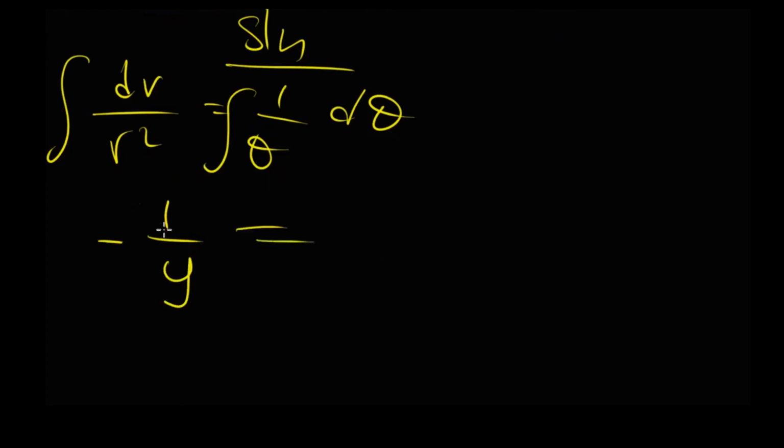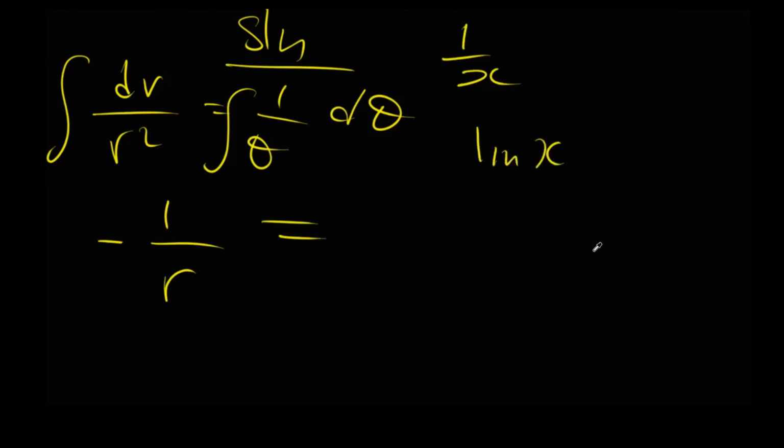Yeah, it will be r. And then it's the same as the integration of 1 over x, which is what? ln x, right? So it will be ln x and then plus c1.